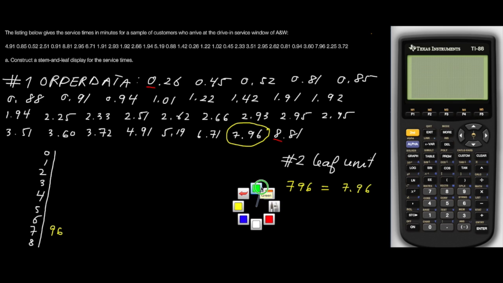This is the method we use. So what should go on this side right here? We know that if we take 0.01, multiply it by 796, we obtain 7.96. So I know that my leaf unit is going to be 0.01.